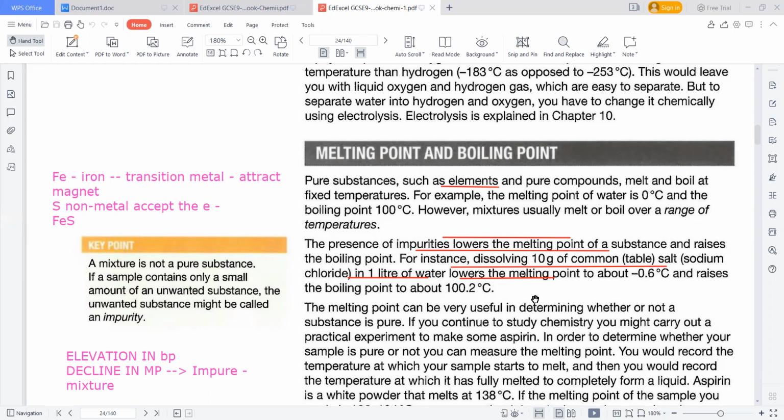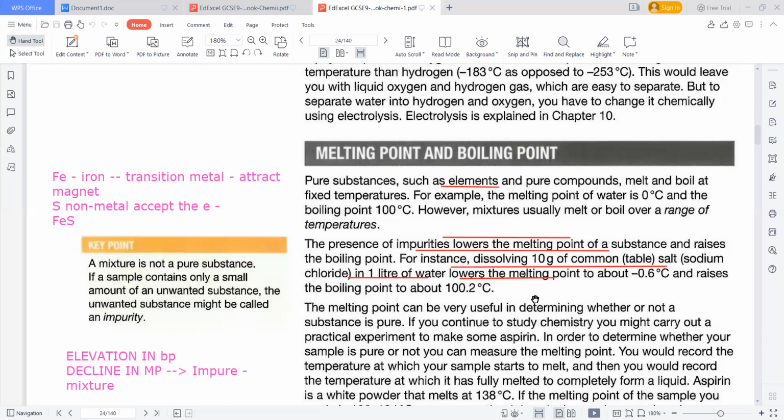When it was pure, it was melting at 0 degrees. But when it is impure, its melting point is going to be in negatives, like minus 0.5 or minus 0.6 degrees. To summarize, melting and boiling points help us identify the purity of a substance.